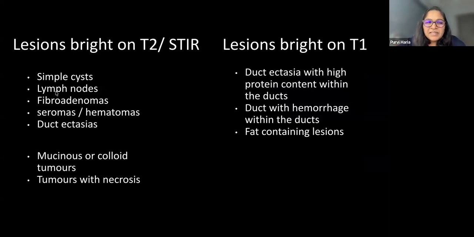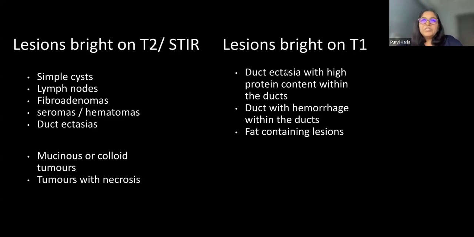So simple cyst, lymph nodes, small fibroadenomas, seromas or hematomas, and ductectasia are bright on T2 weighted images. These will look like fluid on T2 weighted and STIR images. Some tumors like mucinous or colloid tumors also look very bright on T2 weighted images. Necrosis, where there is necrotic fluid, also appears bright on T2 and STIR images.